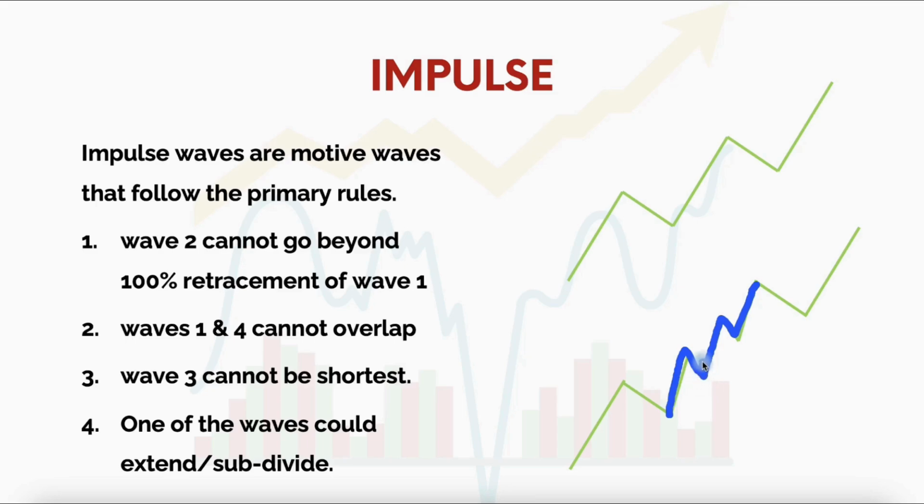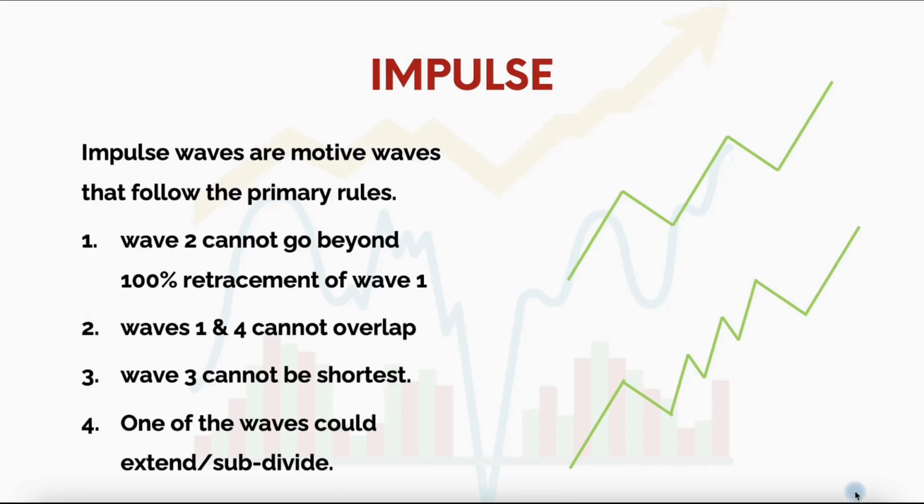So this third wave could also subdivide into 5. So now it will give us 9 plus these 4 legs extra. So you keep adding 4 to the previous one and it will still remain a valid wave. So 5, 9, 13, 17, 21, right?